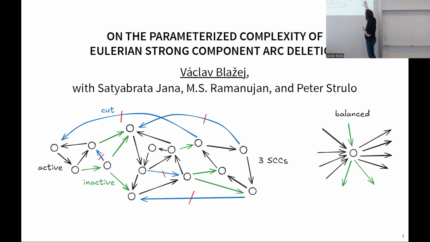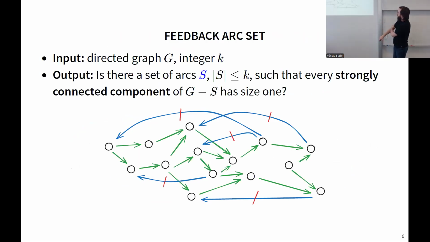So balanced means here that the number of edges that are coming to a vertex is the same as the number of edges that are coming out of the vertex. And a graph that is balanced and connected is called Eulerian. So this is why there is this name of the problem. Right. Formally, this problem comes from a related problem, which is more known, which is feedback arc set.